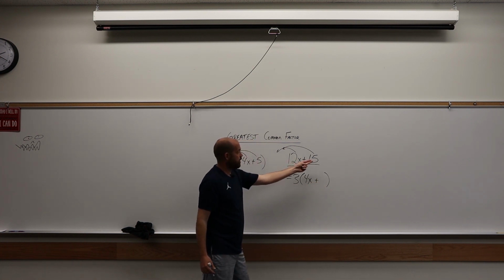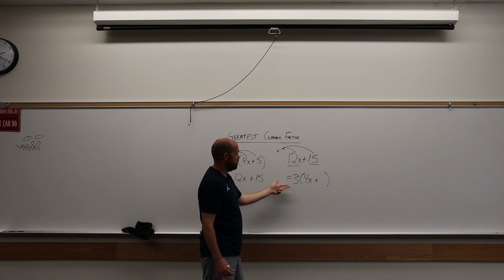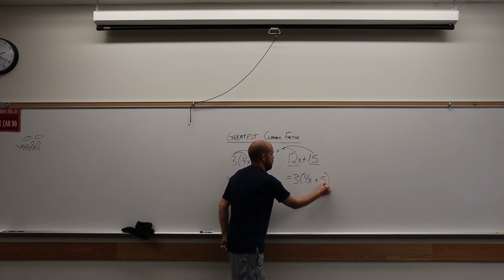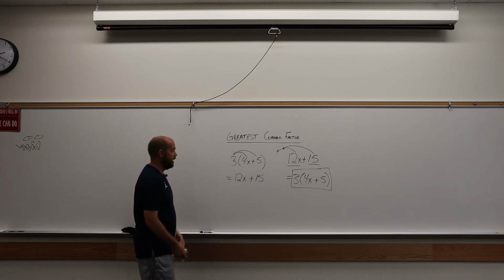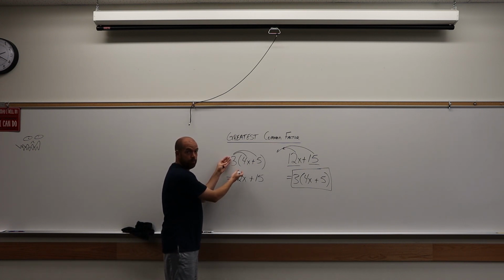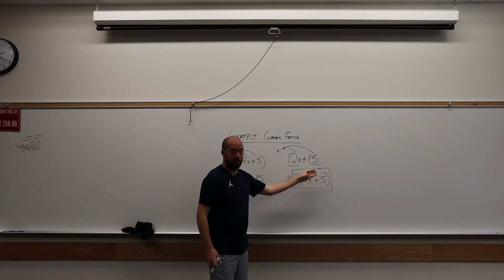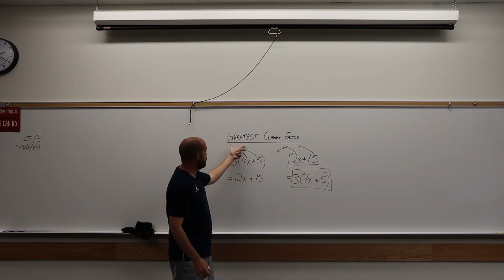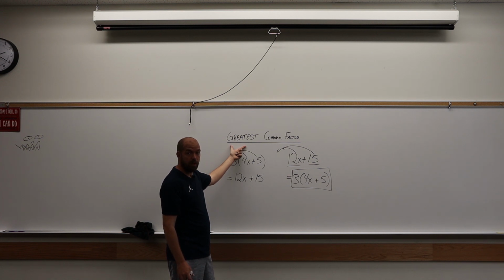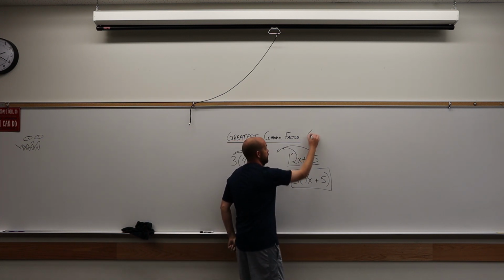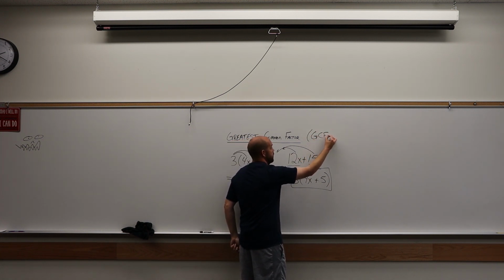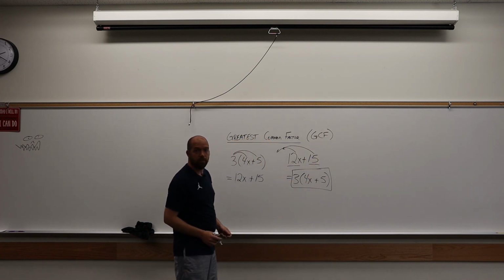Now I need to do the 15. 15 divided by 3 is 5. So you can kind of see how distributing is the opposite of factoring. I'm going to go ahead and do some more examples of greatest common factor. A lot of times this is referred to as GCF.